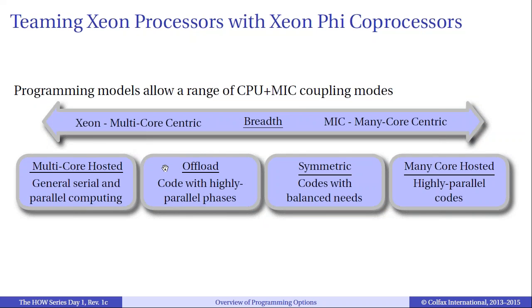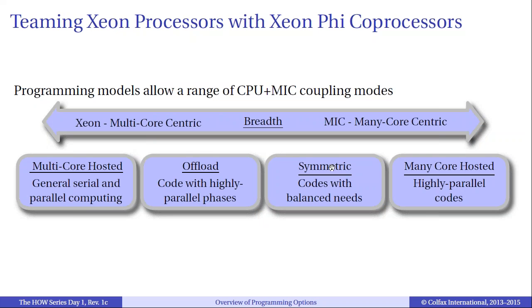Sometimes your entire application is highly parallel and you want to use both Xeon and Xeon Phi. You can run it in symmetric mode. So you will scale the problem. Xeon will be responsible for one part of the computation. Xeon Phi will be responsible for another part of the computation. The computations will be of the same kind. They will use the same code, but probably work on different data sets.